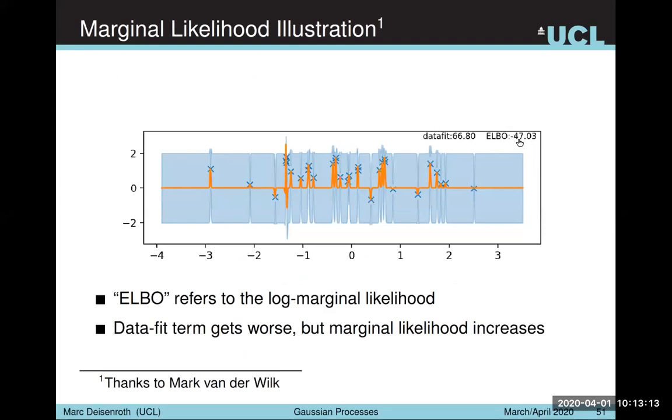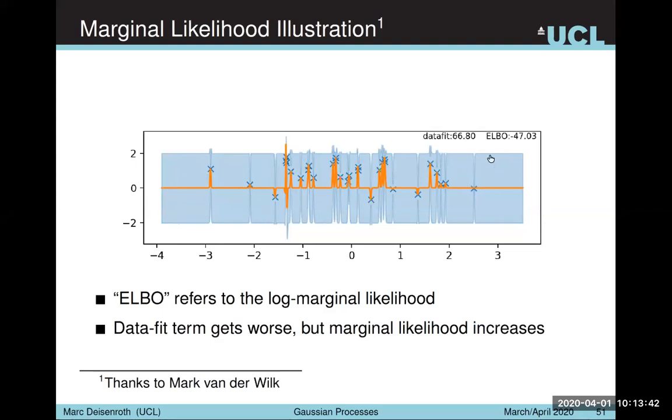What we would expect is that the log marginal likelihood gets better as we run gradient descent on our hyperparameters. You can also see what the posterior Gaussian process looks like. At the moment, with this particular initialization of the hyperparameters, the posterior mean is the orange line, and the posterior uncertainty is indicated by these shaded regions.